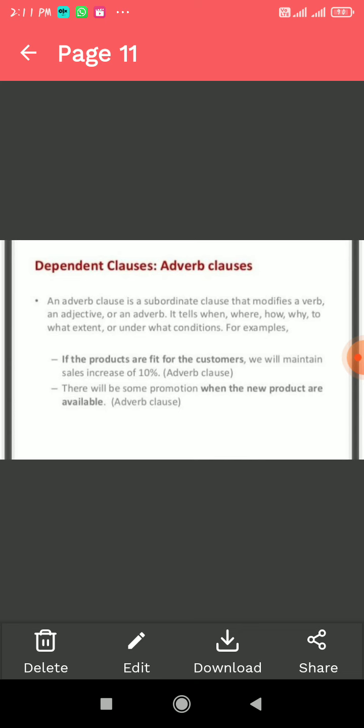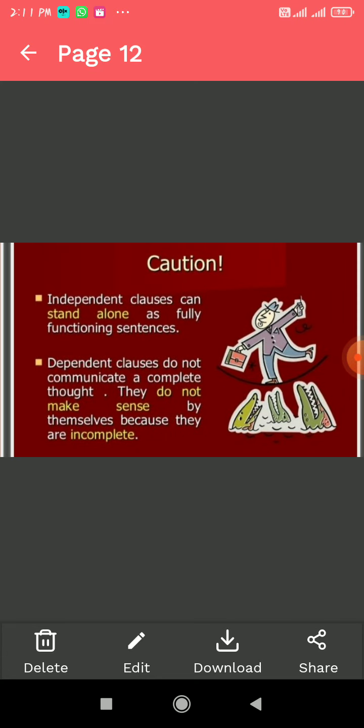So we have discussed three subordinate clauses in this video: adjective clause, noun clause and adverb clause. And there are two types of clause: principal clause, another name we can say main clause or independent clause, and subordinate clause or dependent clause.